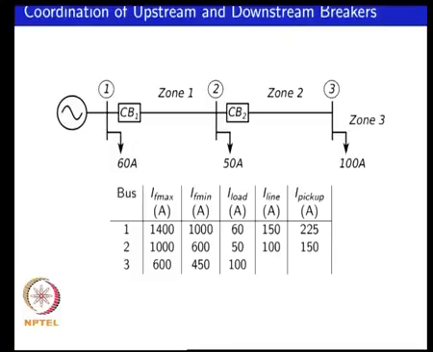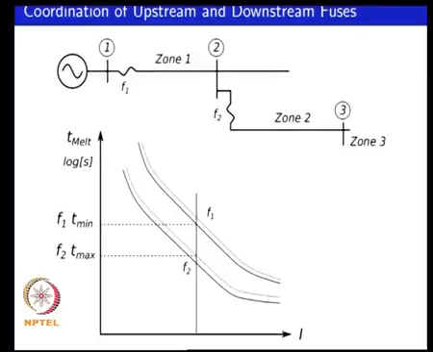Another way of looking at coordination is to plot your trip time versus current and see where the curve lies, and we will look at this, say, in the case of a fuse, and by looking at the position of the curve you can get a broader feel for whether the coordination is working or not.